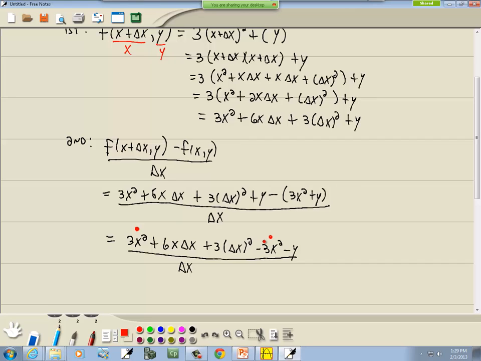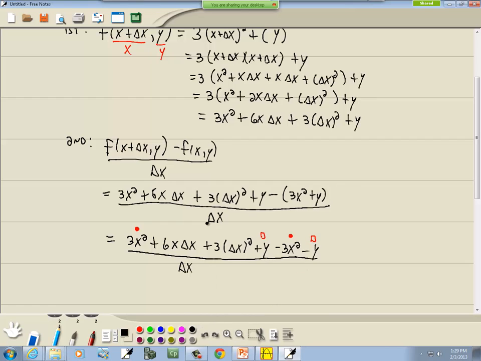And I dropped my y here, didn't I? I got a plus y I'm missing. Okay, let's try that again. Okay, plus y, and then minus 3x squared minus y. I was wondering where that went to. Okay, we already said the 3x squareds drop away. Well, here we got a plus y, here's a minus y, so those are going to drop away.